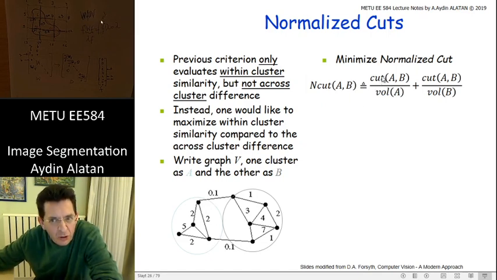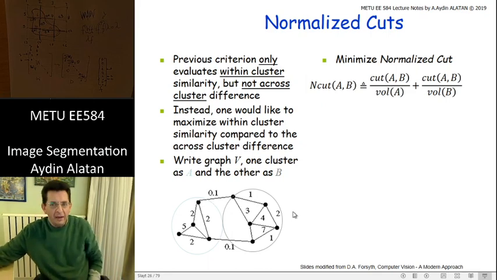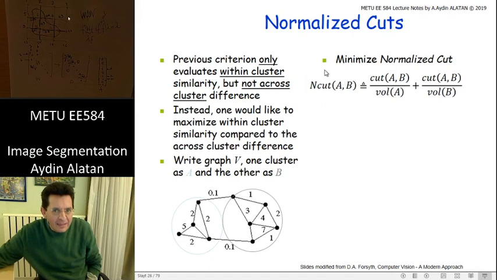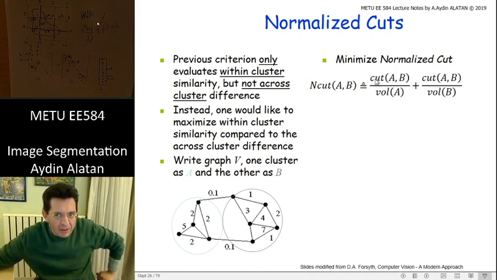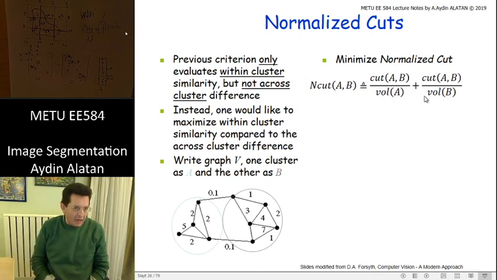You simply normalize your cut divided by the volume of A. Previously it was maximization of this, but let's minimize this, taking two things into consideration. Similarity should be low across clusters. In the meantime, inside the clusters of A and B, let's have large values.